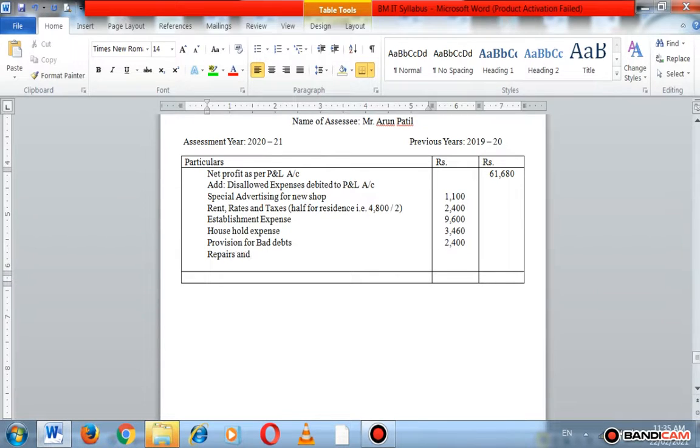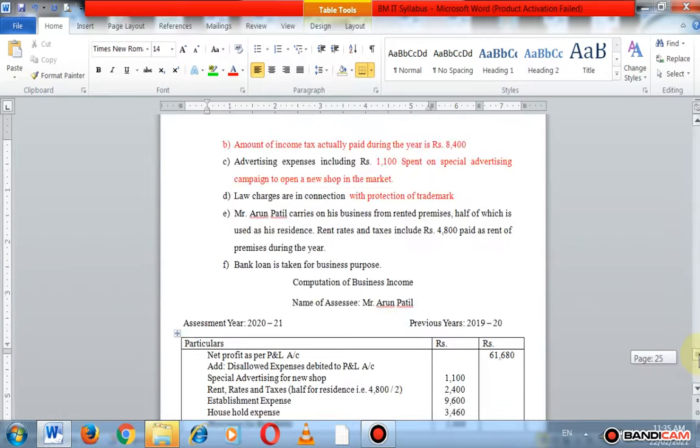Repairs and renewals for HP amounted to rupees 960. Here HP means house property, not horsepower or Hindustan Petroleum.